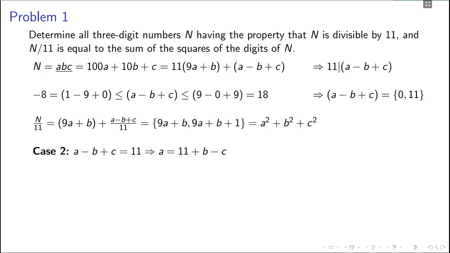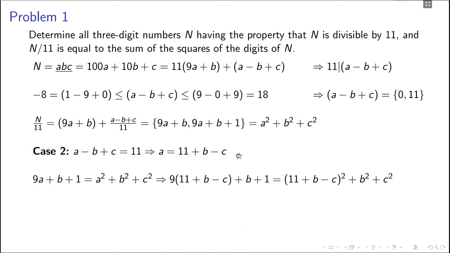And similarly in case 2, you take a square plus b square plus c square equal to 9a plus b plus 1, and this is 11, so a is equal to 11 plus b minus c. Just put it here, again you will get a quadratic, and this time you can see that c must be odd, because there is an odd number here. Only if this is odd can the whole expression be even, and only then it can be 0.